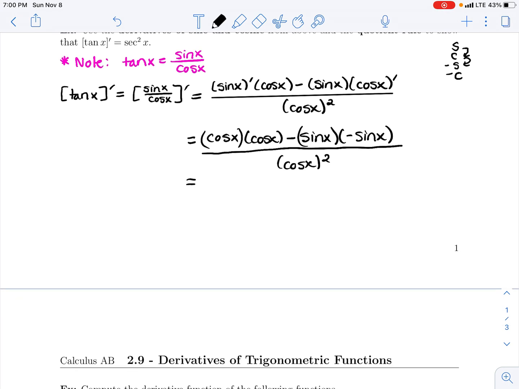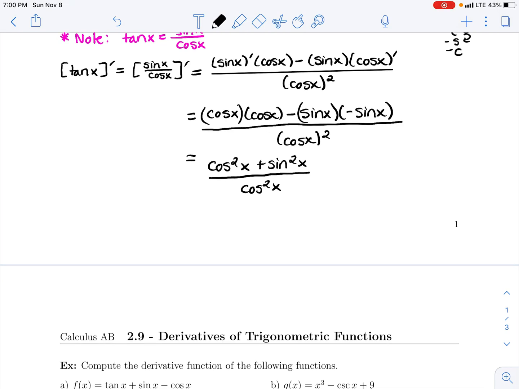Okay, well this is just cosine squared x plus sine squared x all over cosine squared x. All I did is I said, okay, cosine x times cosine x, that's cosine squared x, and then negative sine x times negative sine x gives me a positive sine squared x, and then all over cosine squared x.